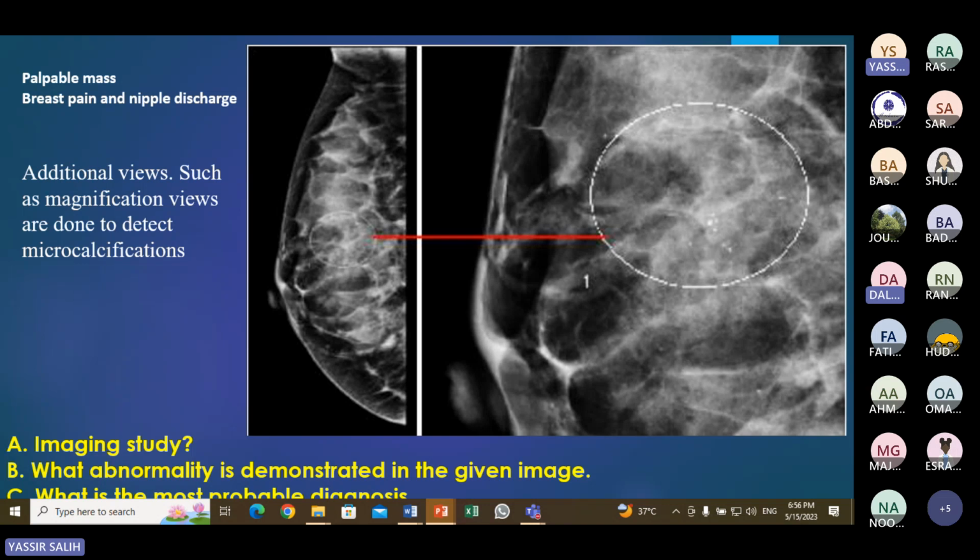But when the calcification is large, it goes with benign breast tumor, like fibroadenoma and others. But microcalcification is commonly associated with malignancy. So this is the mammogram, microcalcification. The most probable diagnosis is CA breast.